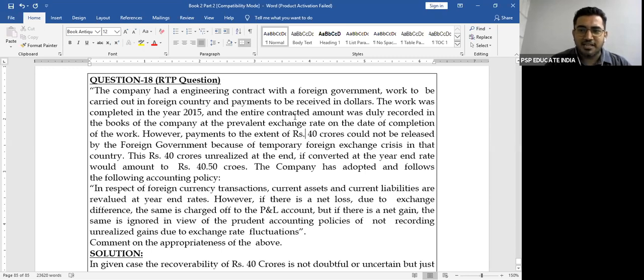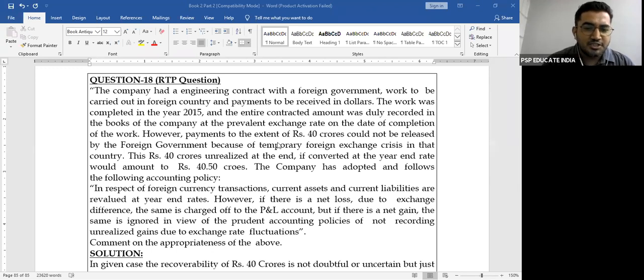Now quickly on the chat box, tell me, is this gain for you or loss for you? How much is the gain? 0.50 crores.